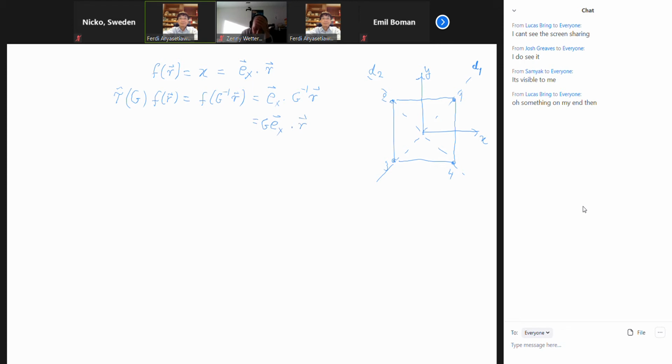So you see that it's just the same as rotating the Cartesian unit vectors, if you have x, y, and z as your functions. So we have 3 functions on each atom. So that means that we will have 12 basis functions. So that means that our representation will be 12 by 12.